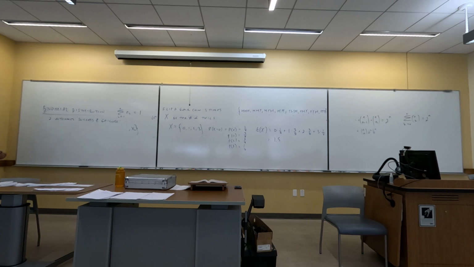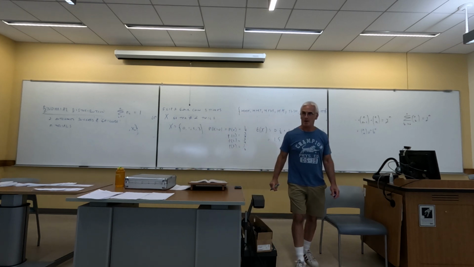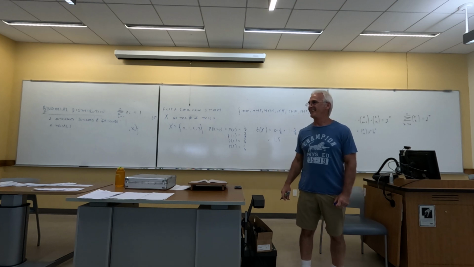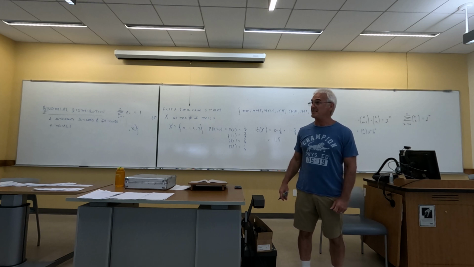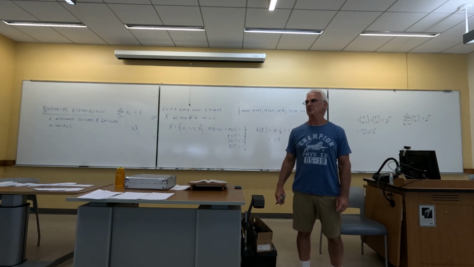Okay? There must be n trials. And what I mean by this is huge. That means you have to know how many times you're going to do it before it starts. I'm going to give you a really simple one. I want you to flip a coin until you get 10 heads. How many times are you going to flip it? At least 10 times. But can you tell me how many times you're going to flip it? No. Could you have gotten it in 10? Yeah. But it's probably going to take you at least 20.